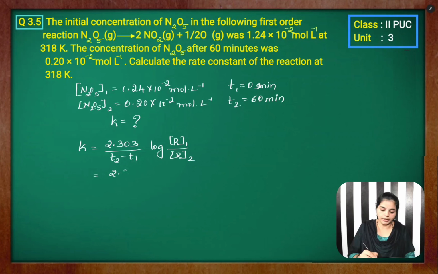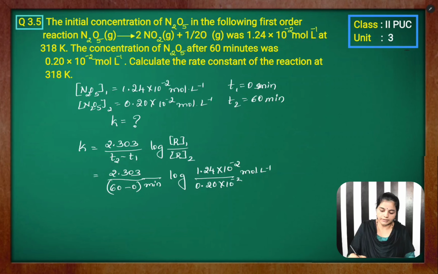Substituting, 2.303 divided by T2 minus T1, it is 60 minus 0 minute, log of concentration initially it's 1.24 into 10 to the power minus 2 divided by 0.20 into 10 to the power minus 2 mole per liter.